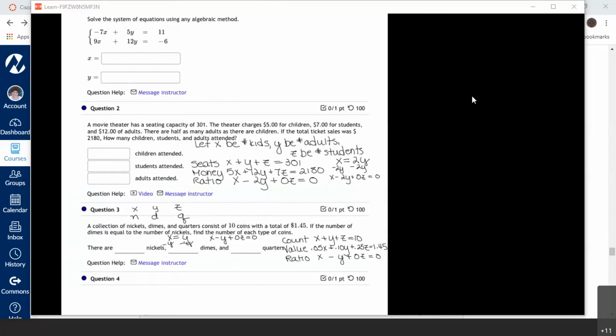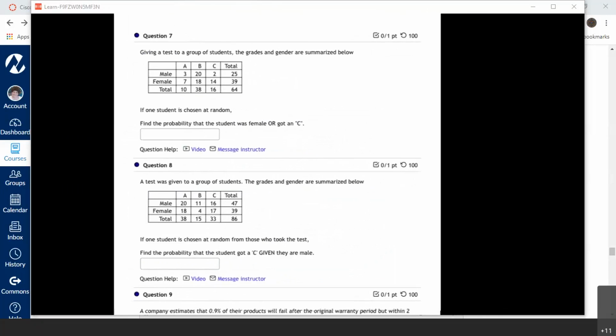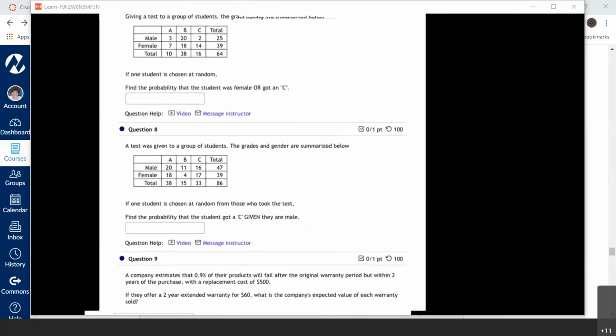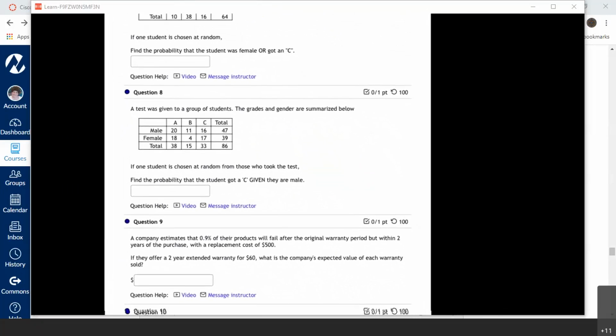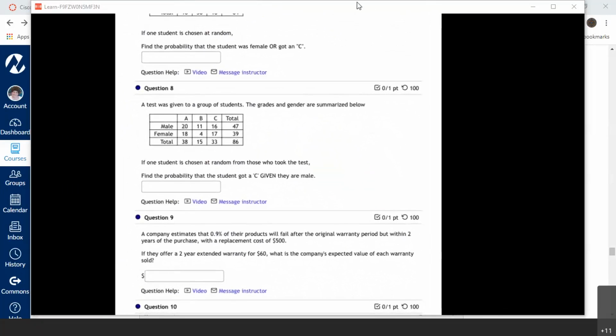Let's quickly go through what else we have here. These are probability questions. This is a probability involving ORs. This is a probability involving conditional probability. We'll come back to these. This is an expected value question.